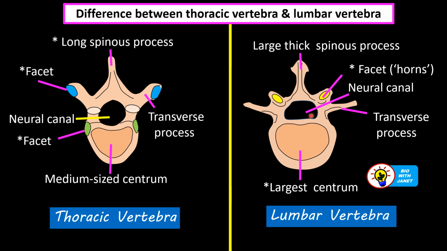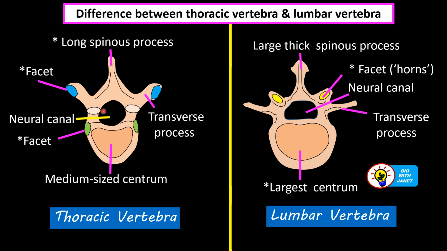This is not found in the lumbar vertebra. On the other hand, the lumbar vertebra has facets that stick upwards, raised like a pair of horns, to articulate with the next vertebra. Look at the shape of the lumbar vertebra.